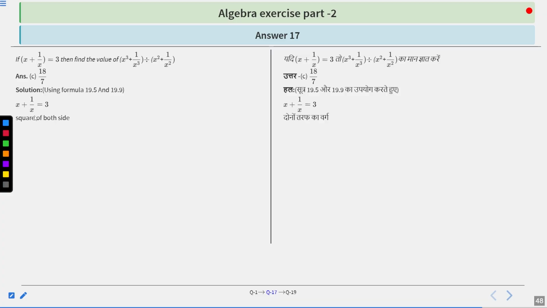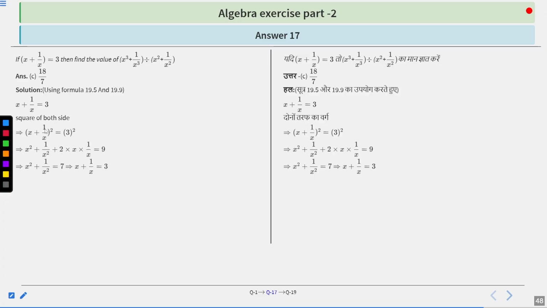So squaring both sides, x plus 1 upon x whole square equal to 3 square. This is a plus b whole square, that is a square plus b square plus 2ab. Expanding with reference to that formula, we get x square plus 1 upon x square plus 2 into x into 1 upon x, equal to 3 square, which is 9.